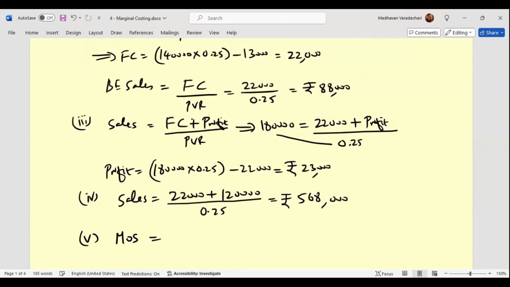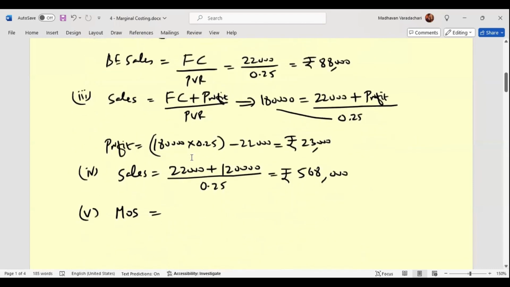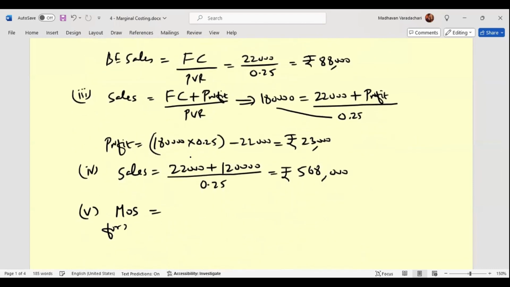Then MOS, margin of safety, is equal to profit divided by PV ratio, for the year 2011.